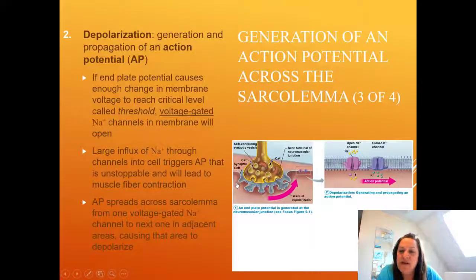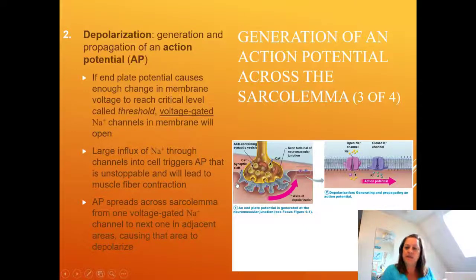The depolarization event causes those voltage-gated channels to open. Notice how more sodium comes in. A large influx of sodium triggers the action potential, and it's unstoppable. Once we have jumped the cleft and opened those voltage-gated sodium channels, we are contracting. Nothing you can do about it.